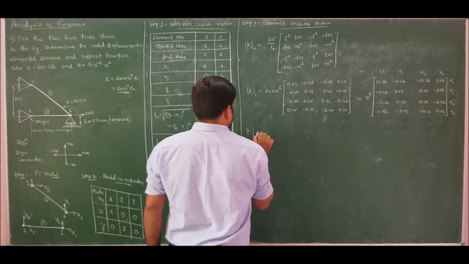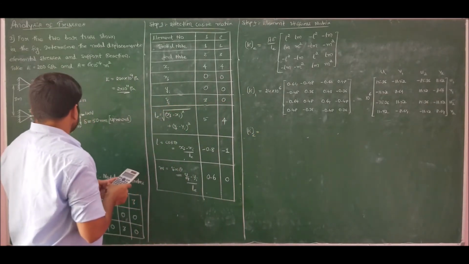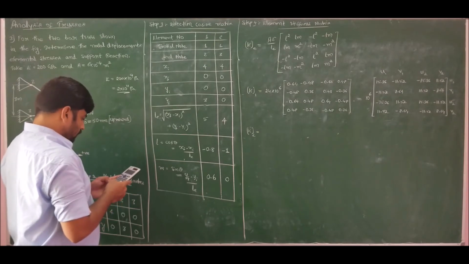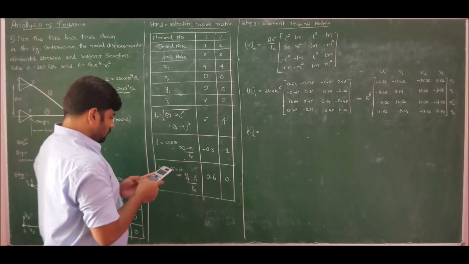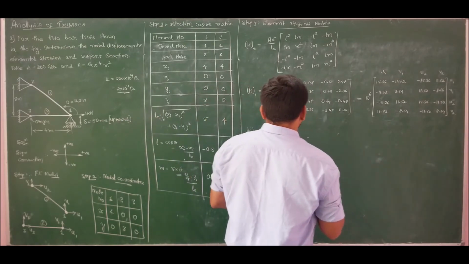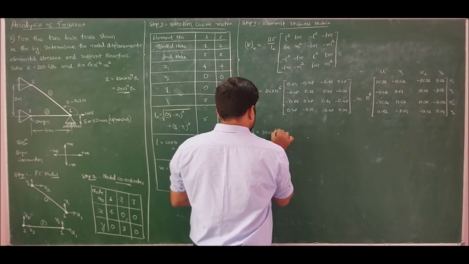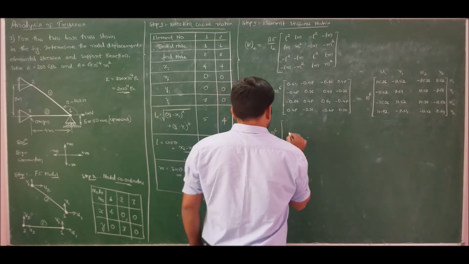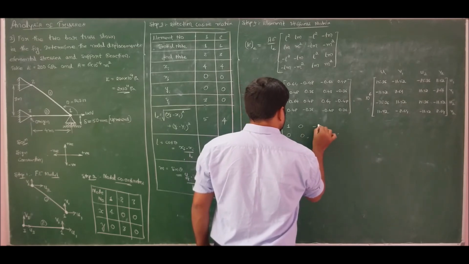For element 2, I substitute the area as 6 into 10 to the power of minus 4 and Young's modulus as 2 into 10 to the power of 11. The length of element 2 is 4, which gives 30 into 10 to the power of 6. We have L square is 1, Lm is 0, m square is 0.